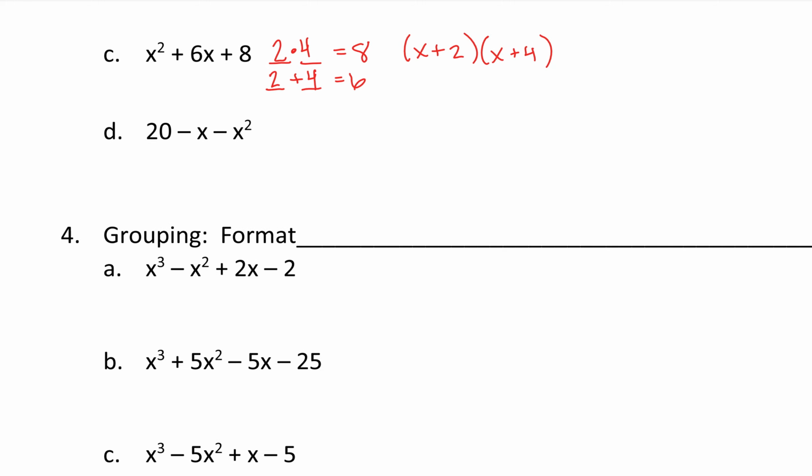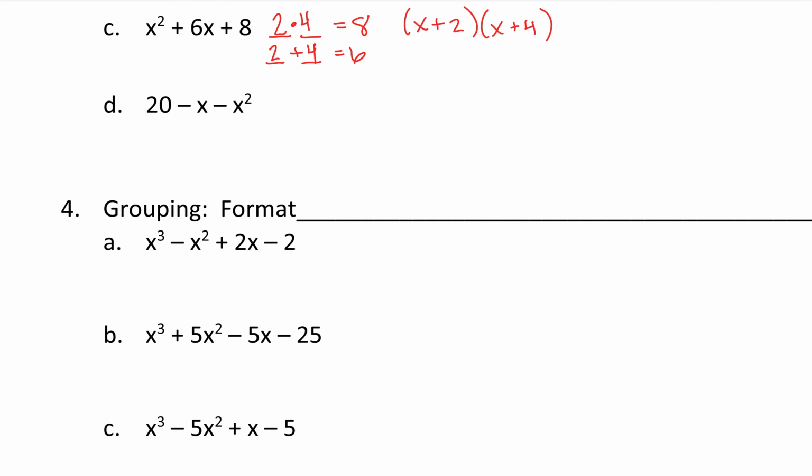D. Well, first thing I notice is D doesn't quite look right. So I need to rearrange it so that it is in descending order, making sure that the sign to the left stays with each term. So I get negative x squared minus x plus 20.